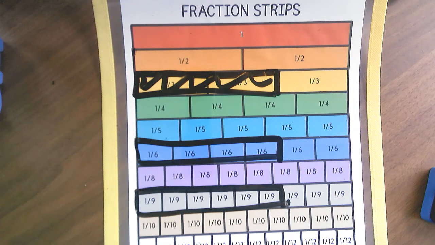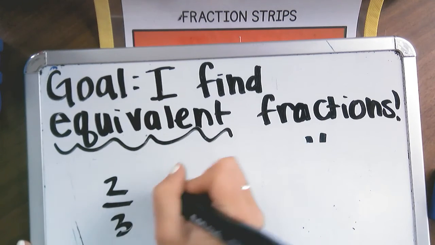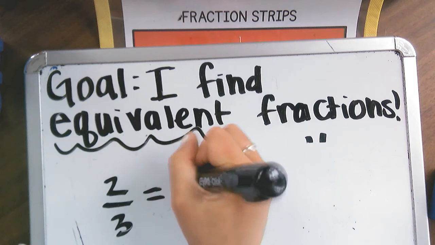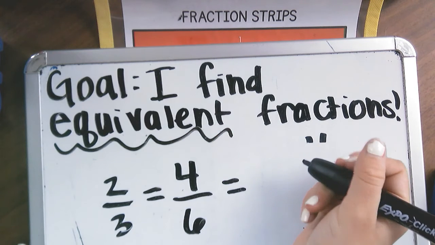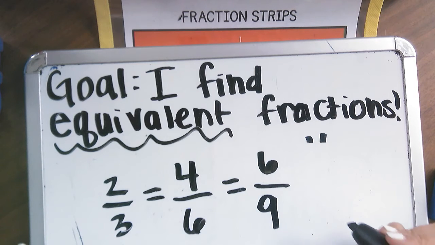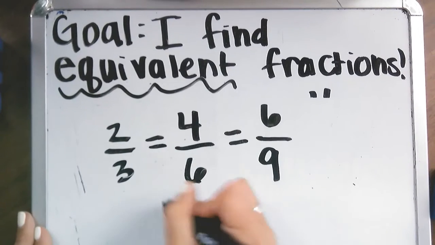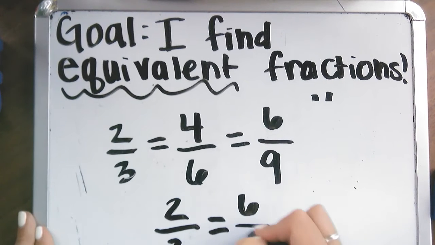So I can then write my statement of 2/3 is equal to 4/6, which is also equal to 6/9. So 2/3 is equivalent or equal to 6/9.